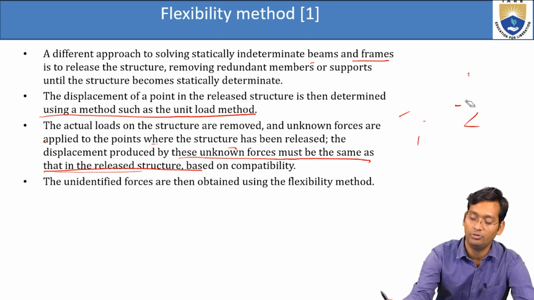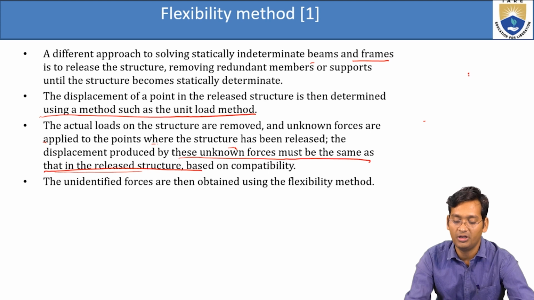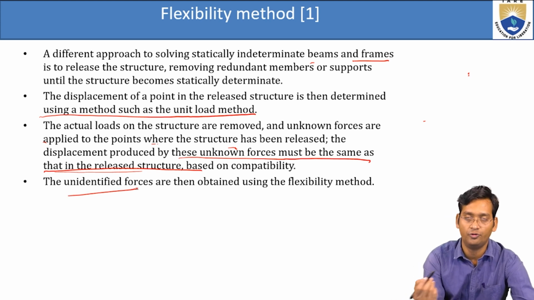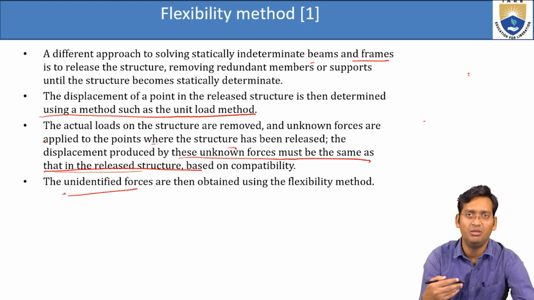You also have to take care of those unknown forces. The unknown forces are then obtained using the flexibility method. Once you have them, you can use either the unit load method or the total potential energy method to find them.